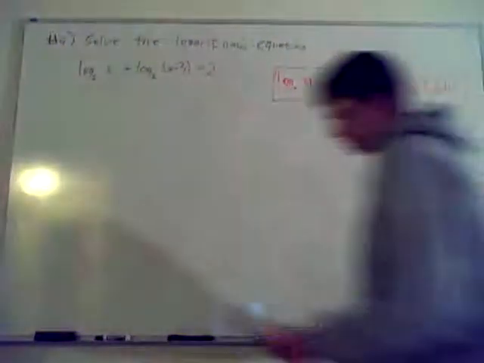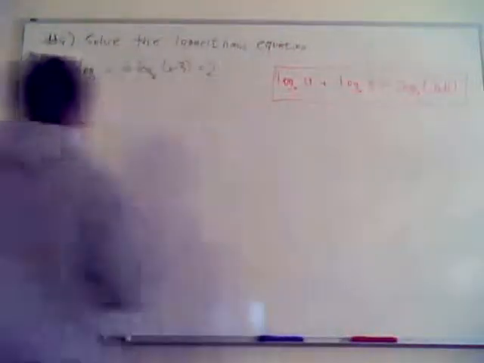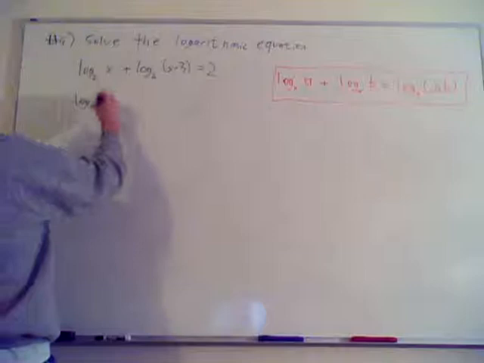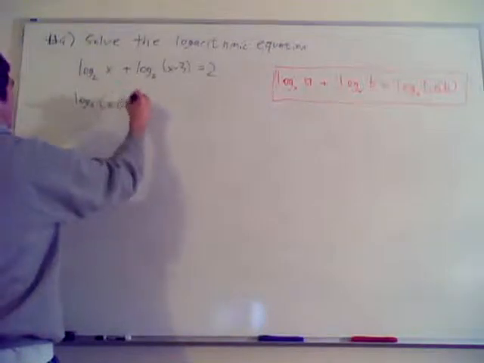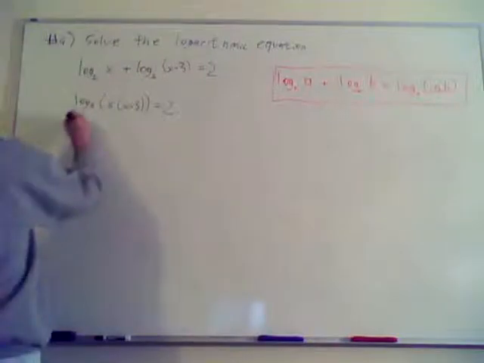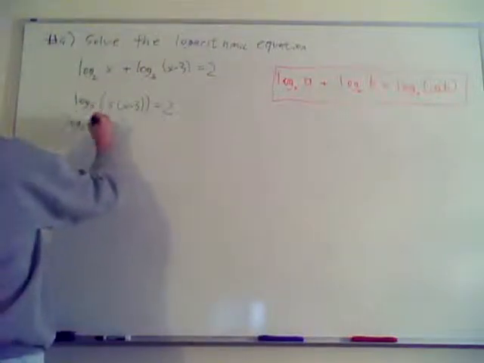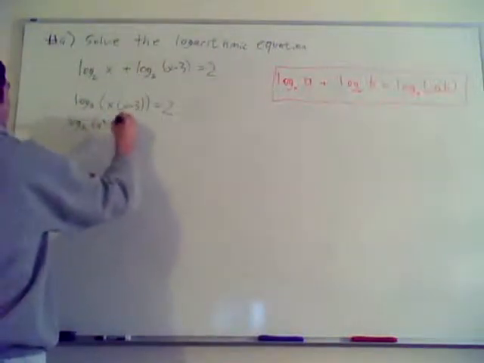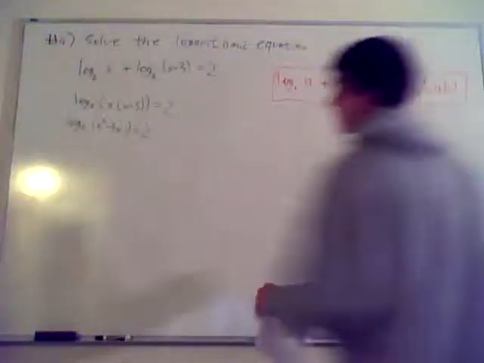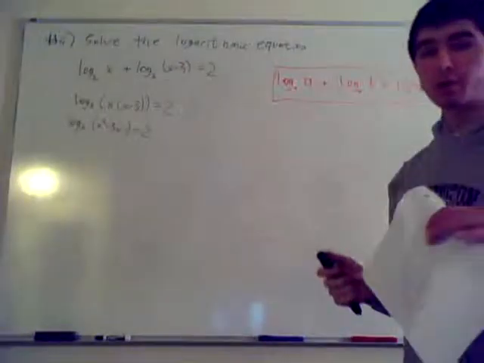That's the first step. So if you now apply this log rule, you get log base 2 of x times x minus 3 equals 2. So that's the same thing as saying log base 2 of x squared minus 3x equals 2. Now, going from here, you have to remember what logarithm really means.